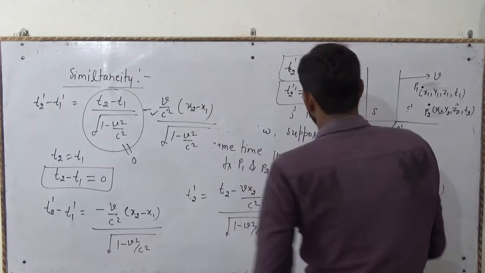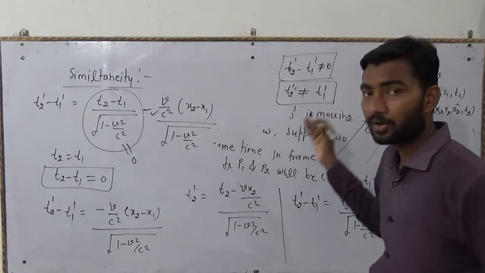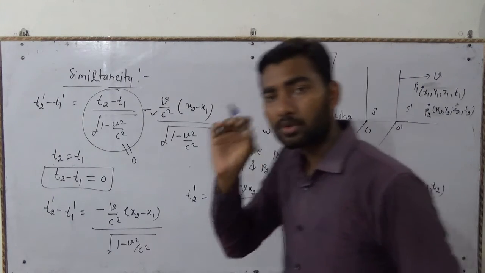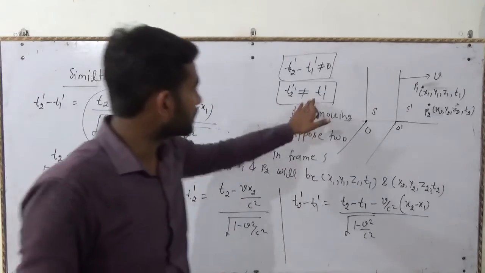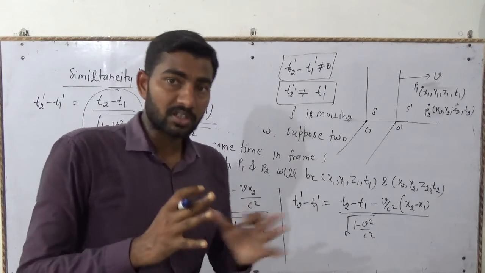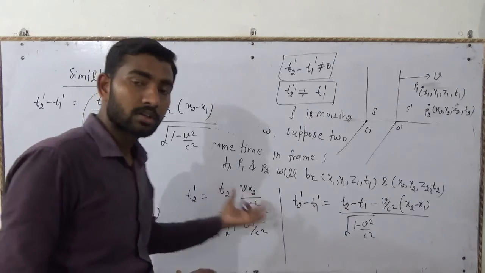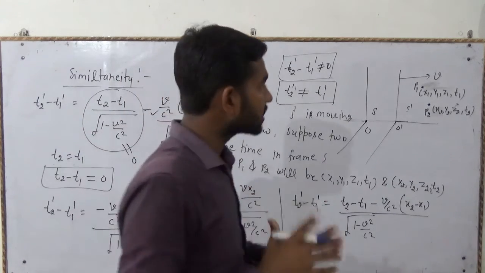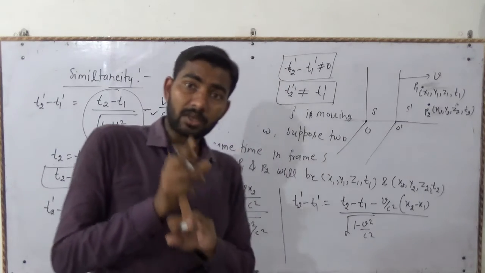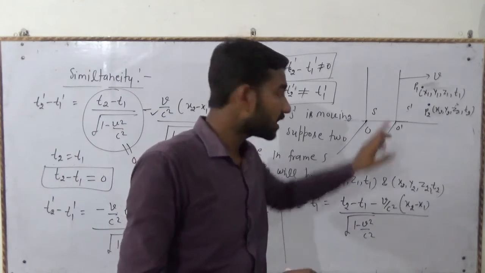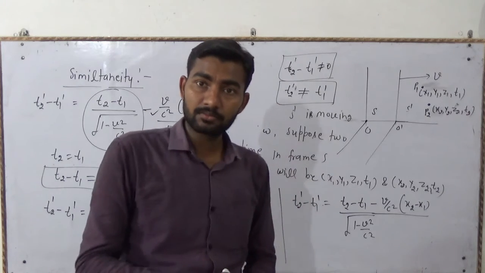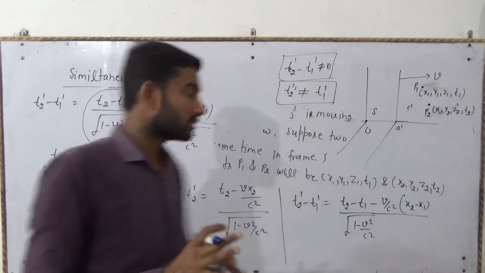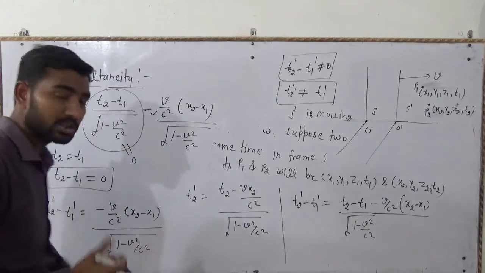Friends, what result have we found from this equation, from this concept? We have found a very important result. We chose two events in frame S at the same time, which were simultaneous, so T2 is equal to T1.